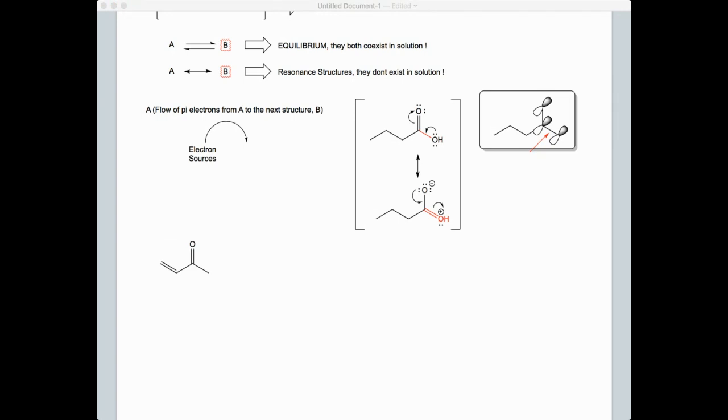Okay, I'm gonna ask a question here quickly. Is this molecule a delocalized system? So is that molecule a delocalized system?